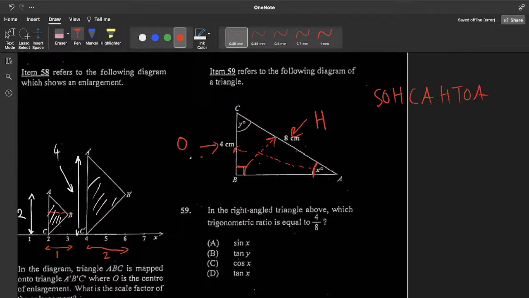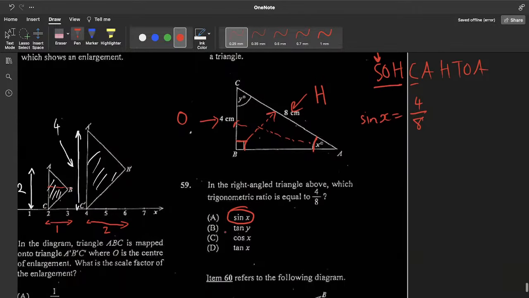What uses O and H? O and H is used by S, which is sine. So sine angle, in this case sine x, is equal to the opposite, which is 4 over 8. So therefore, we could say that this ratio is represented by sine x.